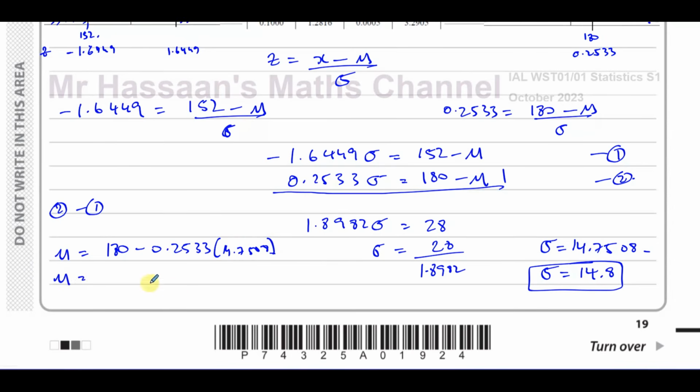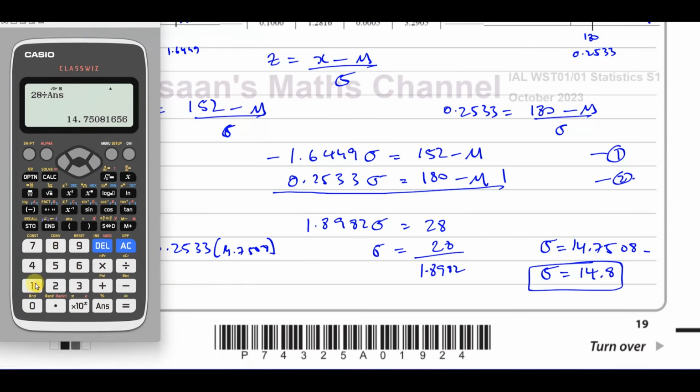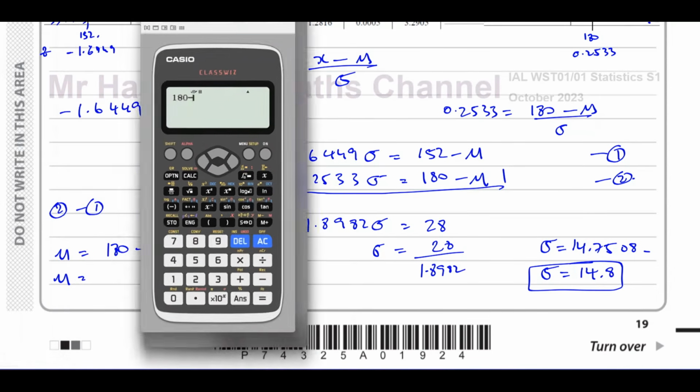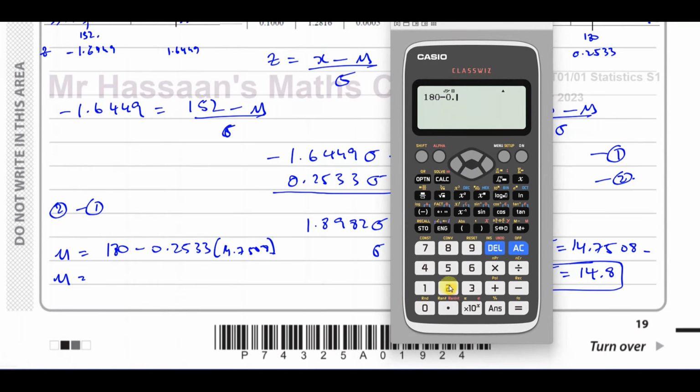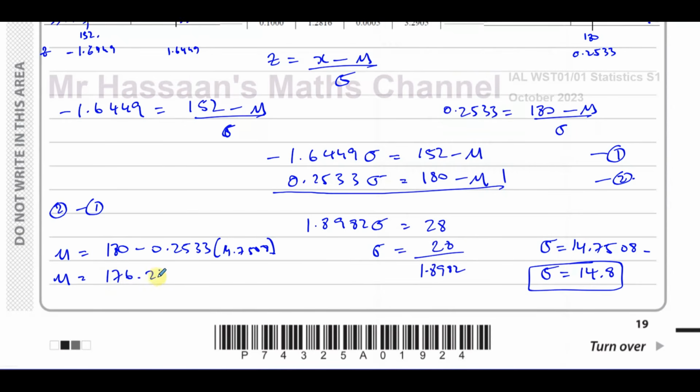So if we just put this in the calculator now, 180 minus 0.2533 times the last answer, and that will give us 176.2636. So we can say that mu is equal to 176 to 3SF. Okay, and there goes our answer.